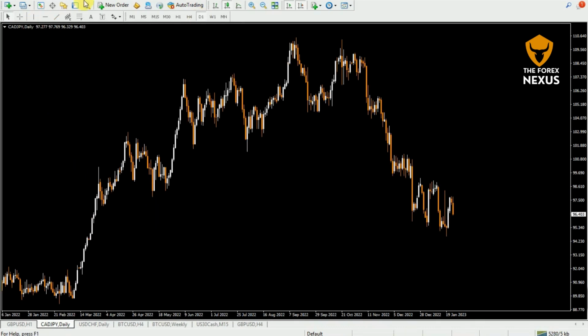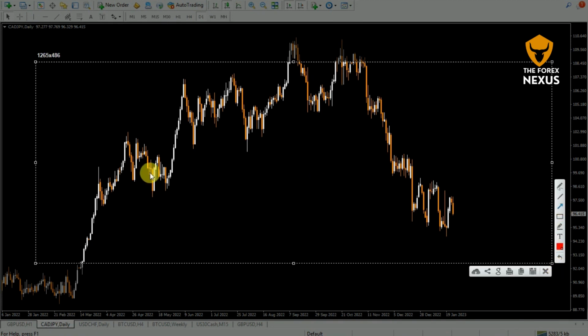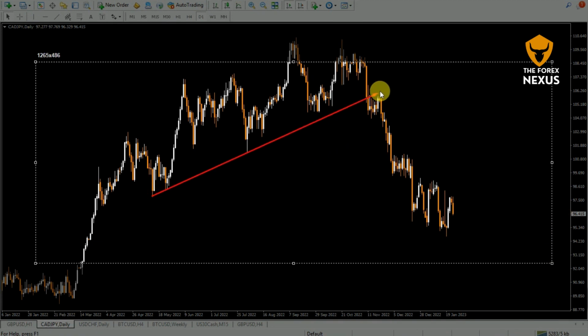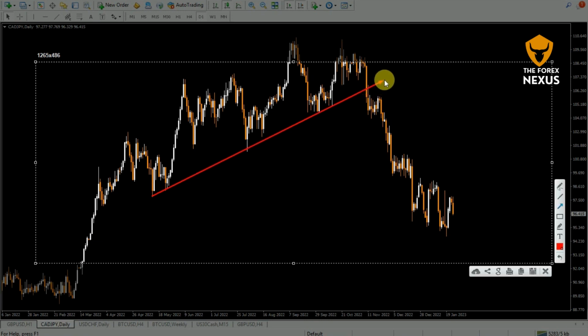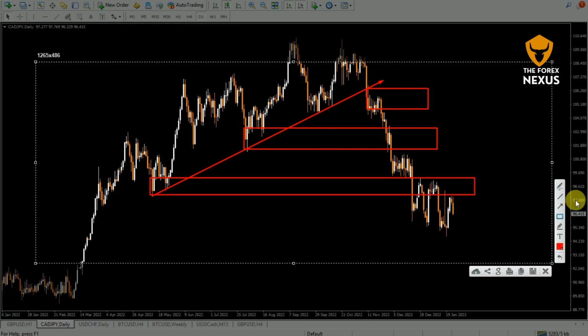So on the daily time frame we already know that the market has broken the trend line on the daily time frame, and it will drop, taking supplies and taking demands. Taking means it's breaking the demand zones.